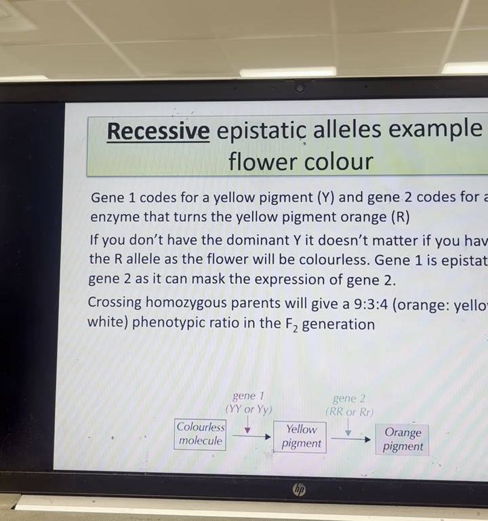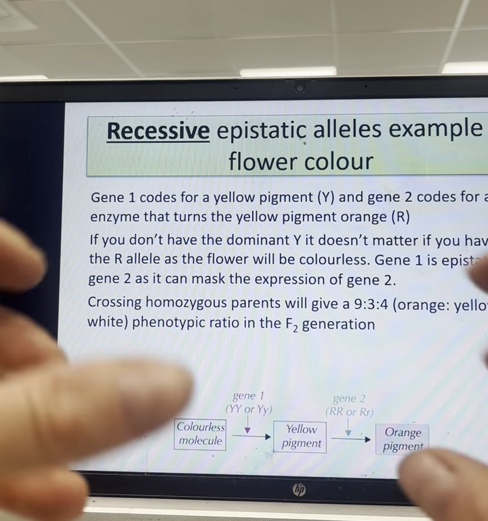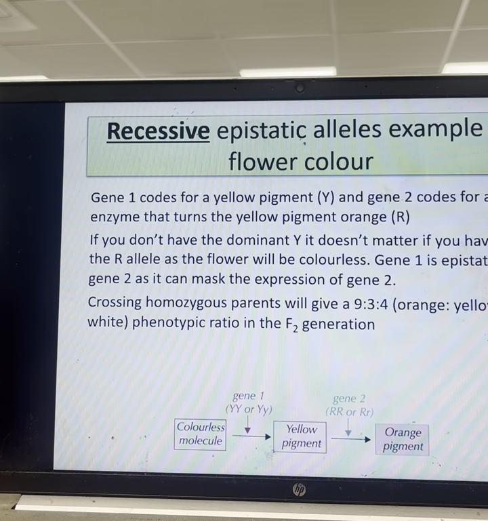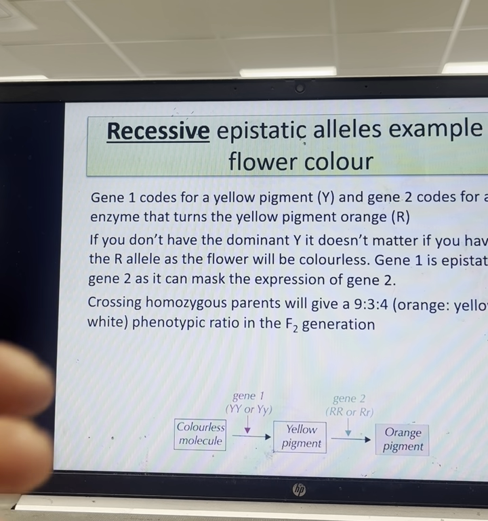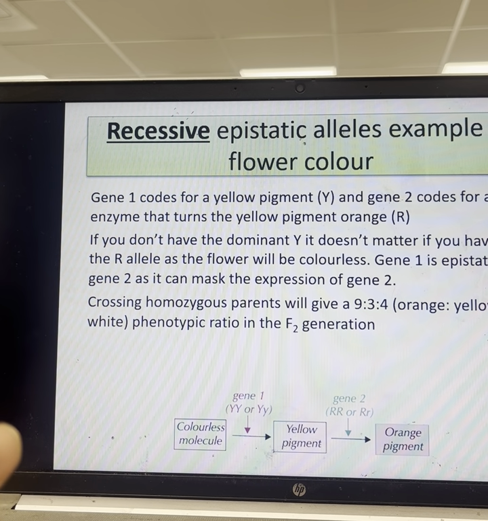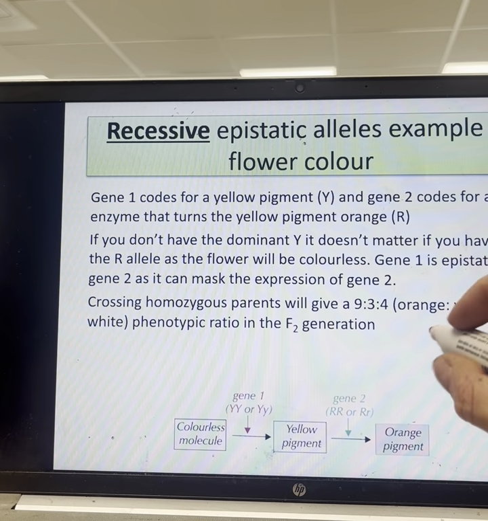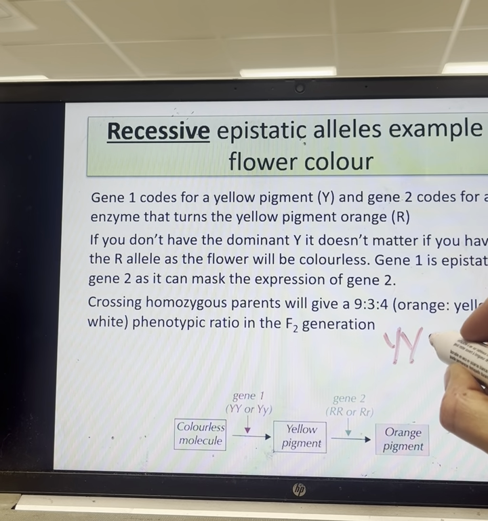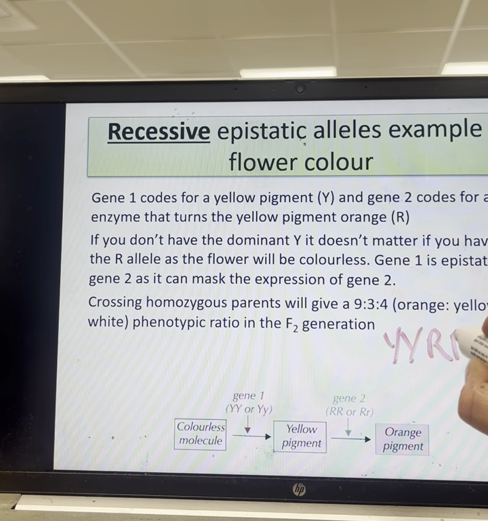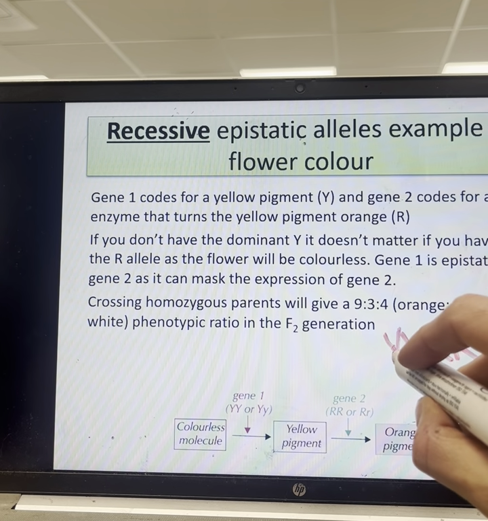So again, I'm just going to repeat if anyone wasn't here. Your wild type parents are the ones that, to have a look at any genetic traits and how they're inherited, whether they're recessive or they're dominant, you have to get them to start with. So they would be totally homozygous. So I'll just write it out rather than try and explain it. In this case, one parent that you're starting with would have dominant.